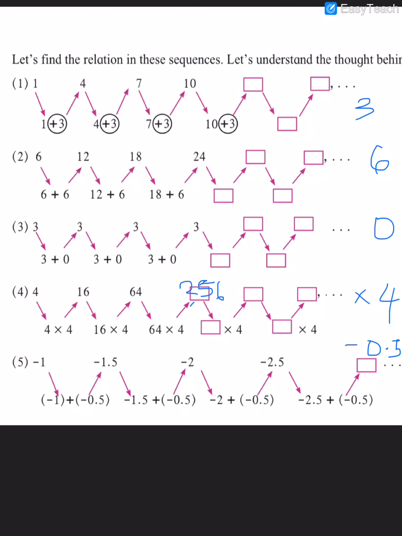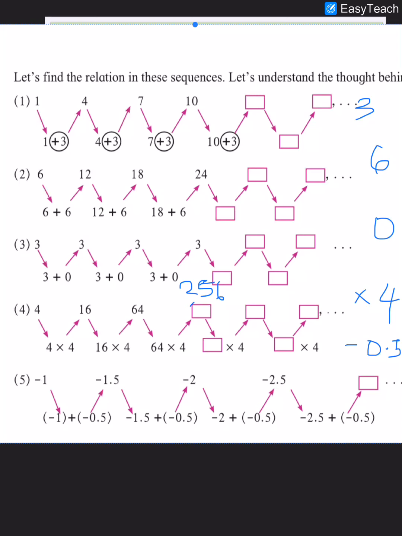And in the fourth problem, a constant number is multiplied to every term of the sequence, that is 4 into 4, 16 into 4. A 4 is multiplied to each term.